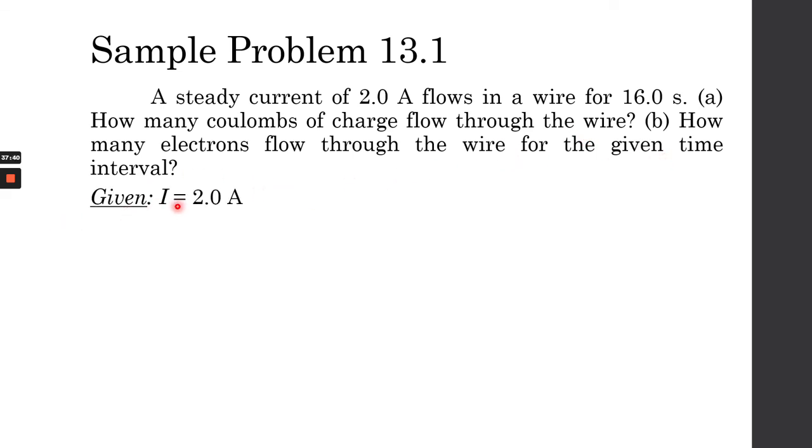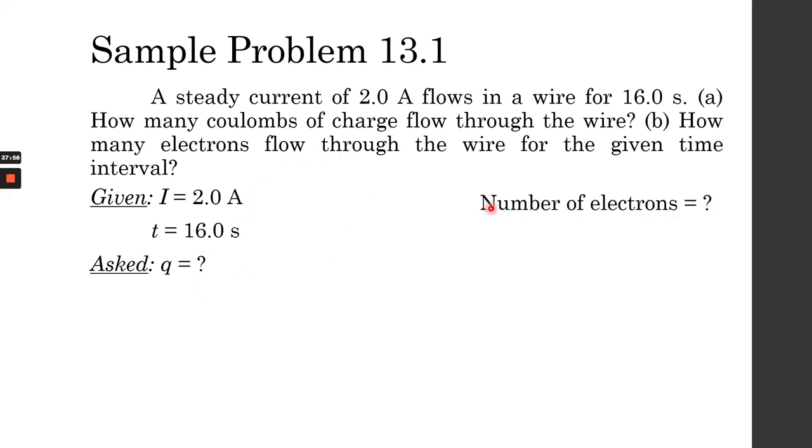So we are given the current, which is 2 amperes. We're given the time, which is 16 seconds. And we are being asked how many coulombs of charge flow through the wire, and the number of electrons that flow through the wire within those 16 seconds.